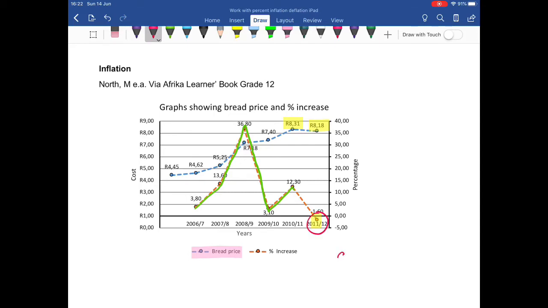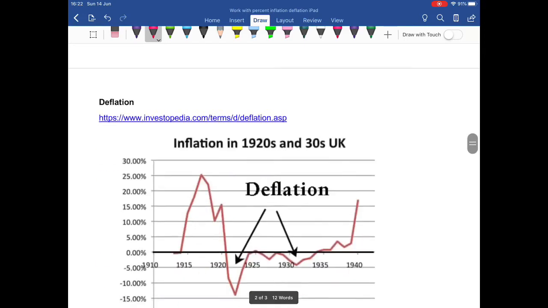So we have inflation. At this point, it is called deflation. So bread increased by negative 1.6%. So as soon as it's a negative, it is deflation, and it means the price of bread actually decreased.